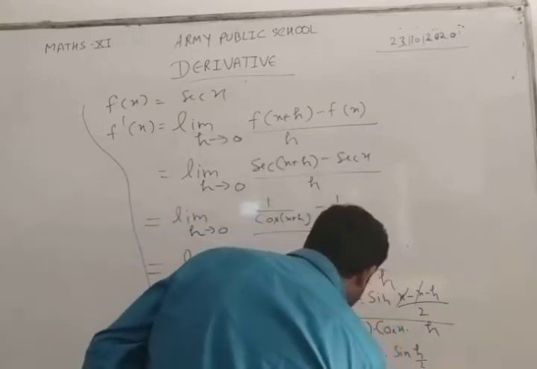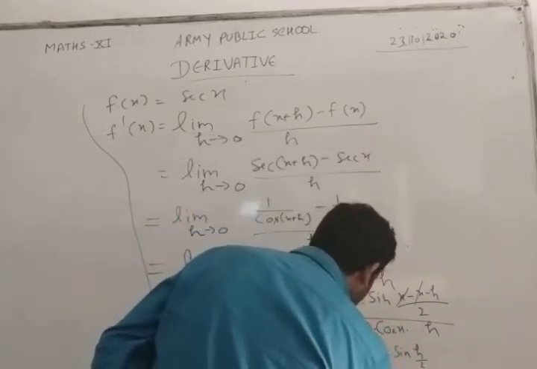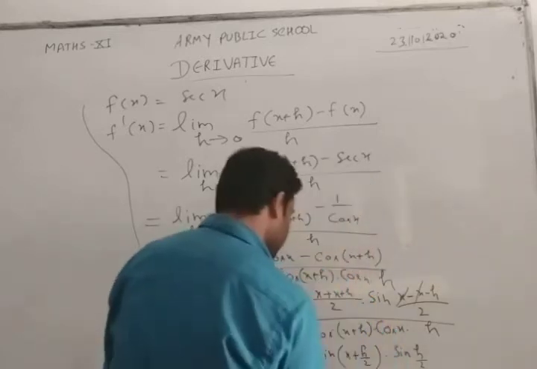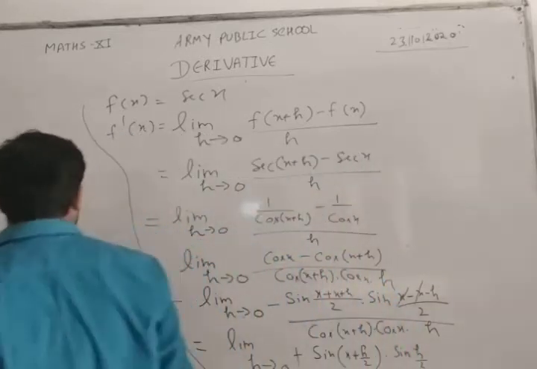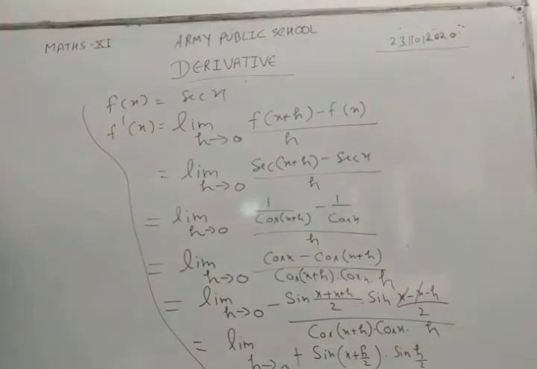So cos x plus h cos x and h. Now limit h to 0.